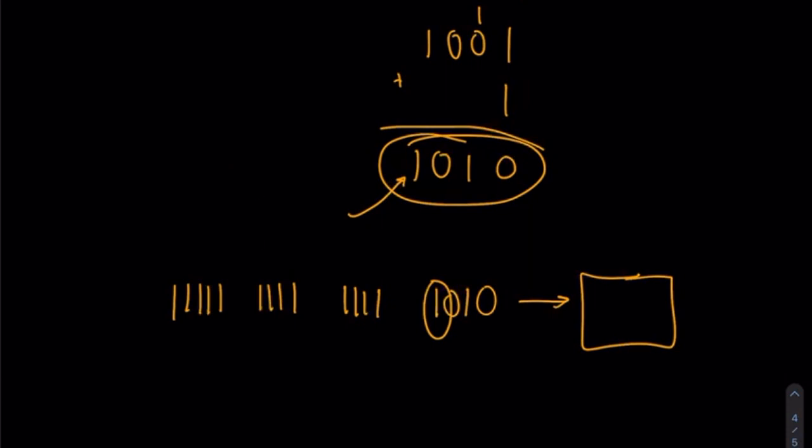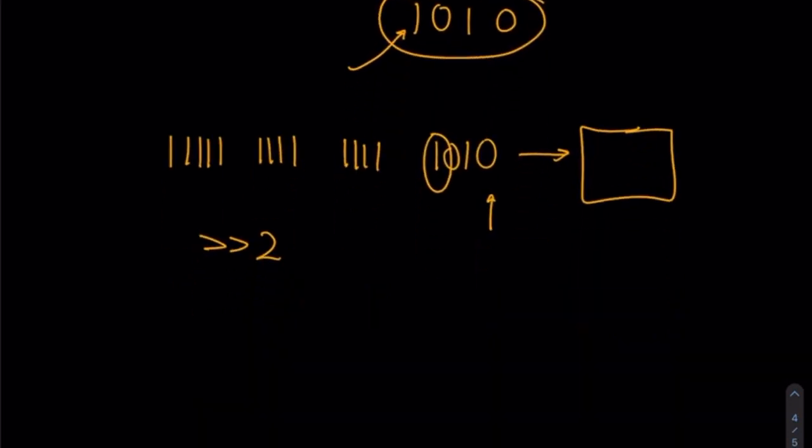Now, shifting 2 places to the right means that we have to delete the least significant bit and add 1 to the most significant bit. So if we do 1 shift to the right, we'll get 101, and this 1 will be here, and then the rest will be 1s.